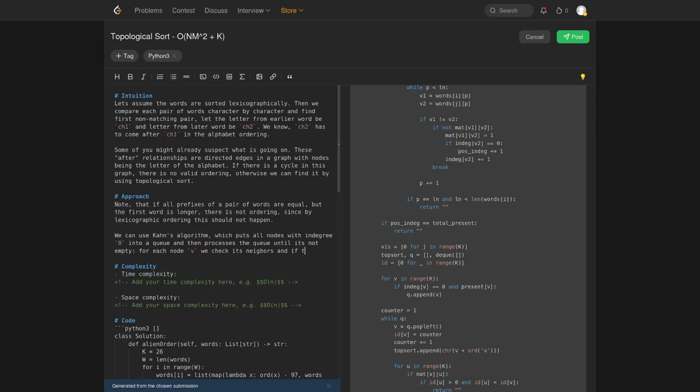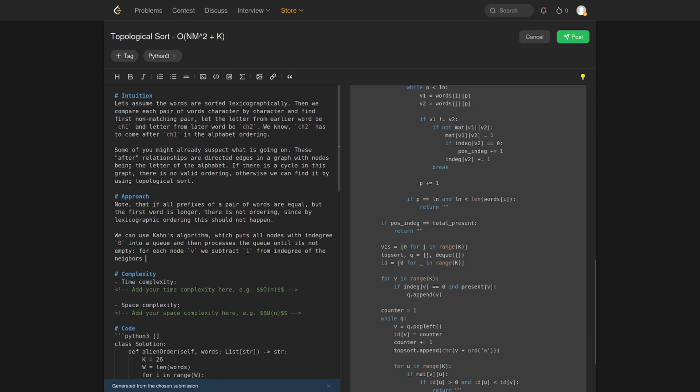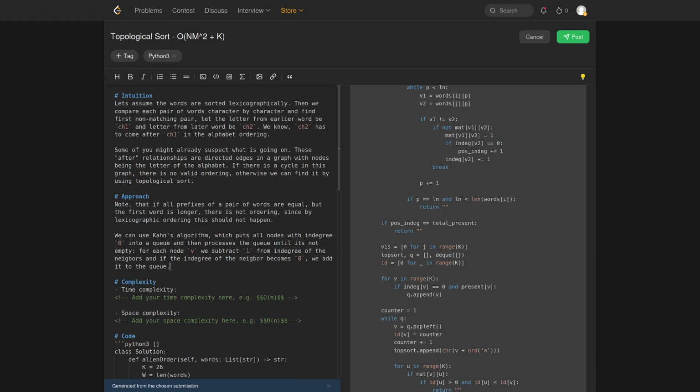If we subtract 1 from the in degree of the neighbors and the neighbor becomes 0, we add it to the queue.